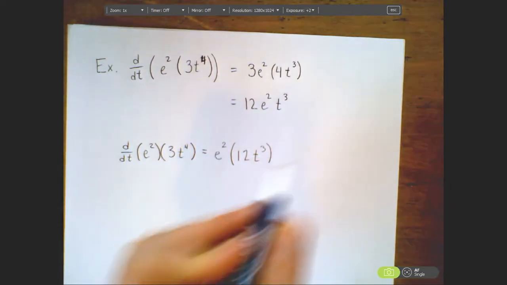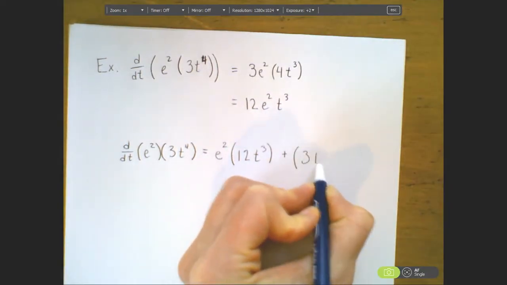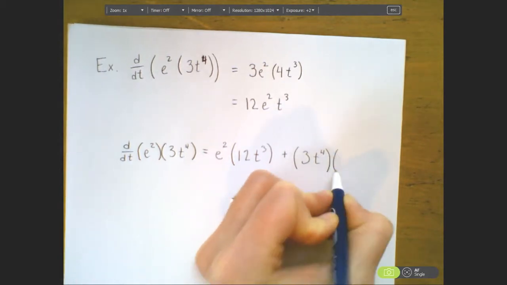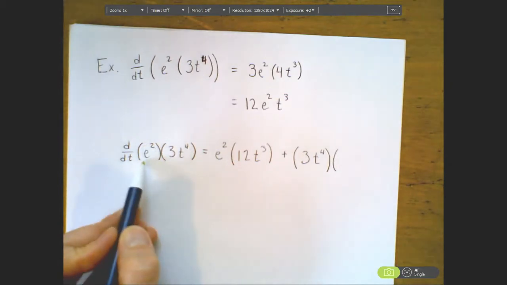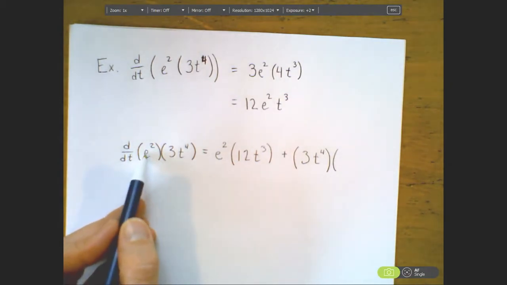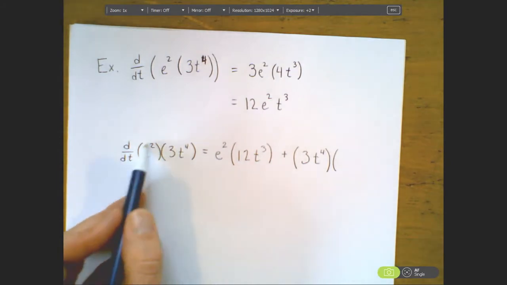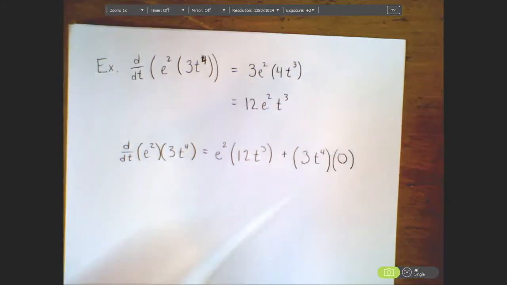So that's first times the derivative of the second, plus second, which is 3t to the fourth, times the derivative of the first. But notice there are no t's here. This isn't an exponent, this isn't e to the t. Because there are no t's here, this is a constant, and the derivative of a constant is 0.